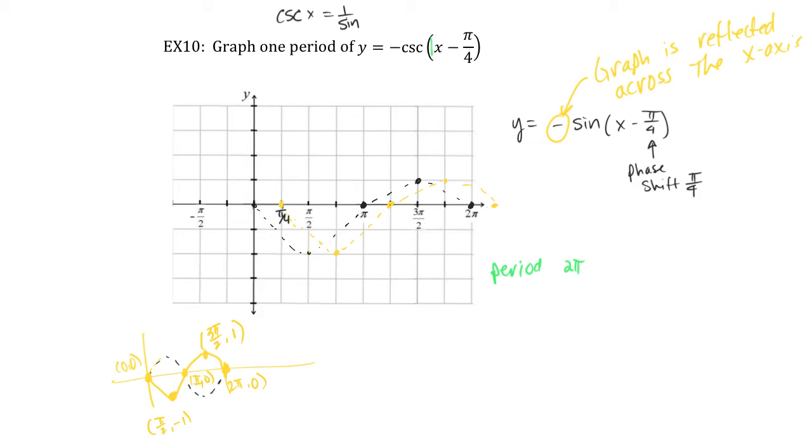Okay, so here we were at pi over 2, but we've added pi over 4, so now we're at 3 pi over 4 and -1. And this one would be at 5 pi over 4.